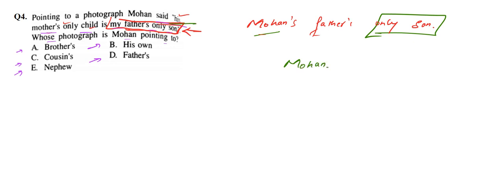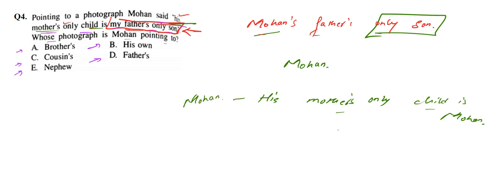So his mother's only child is Mohan. Mohan is saying that the person in the picture, his mother's only child, is Mohan, which means Mohan is the only child of that mother.